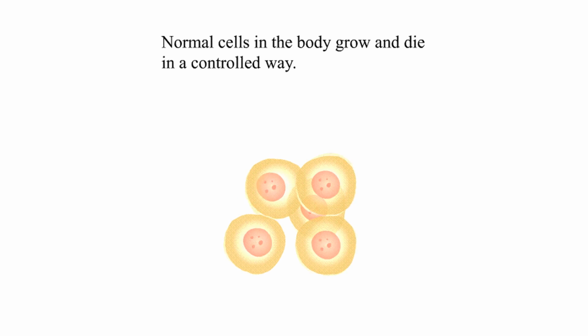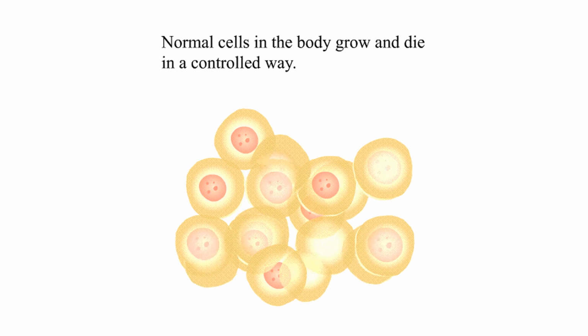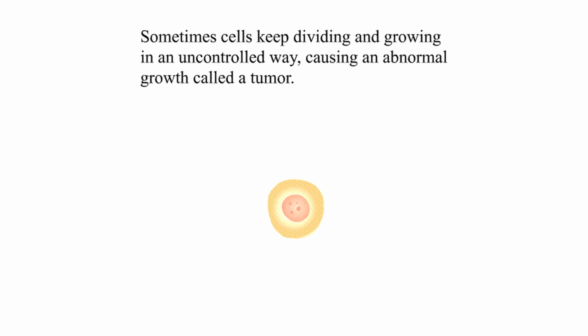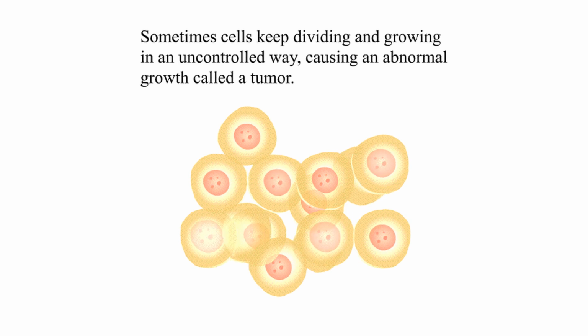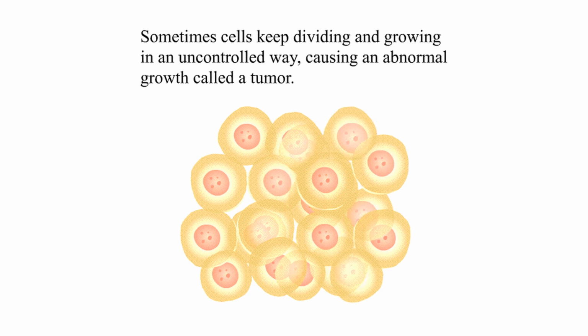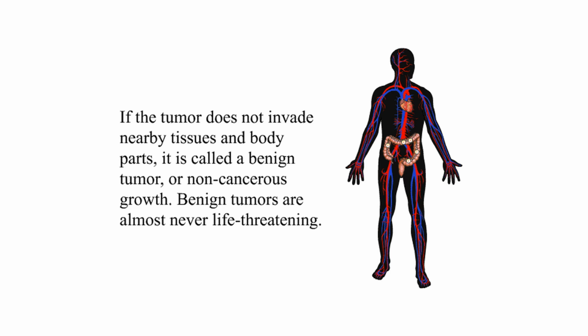Normal cells in the body grow and die in a controlled way. Sometimes cells keep dividing and growing in an uncontrolled way, causing an abnormal growth called a tumor. If the tumor does not invade nearby tissues and body parts, it is called a benign tumor or non-cancerous growth. Benign tumors are almost never life-threatening.